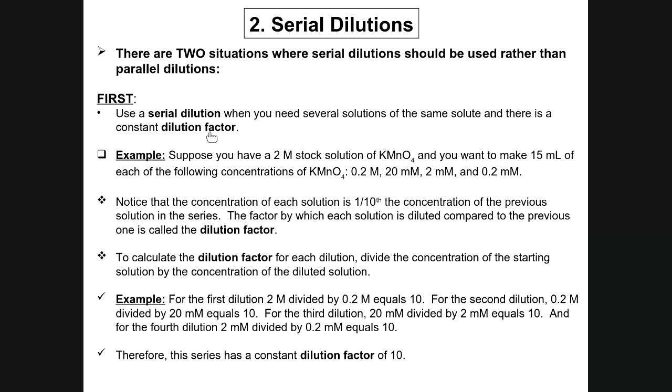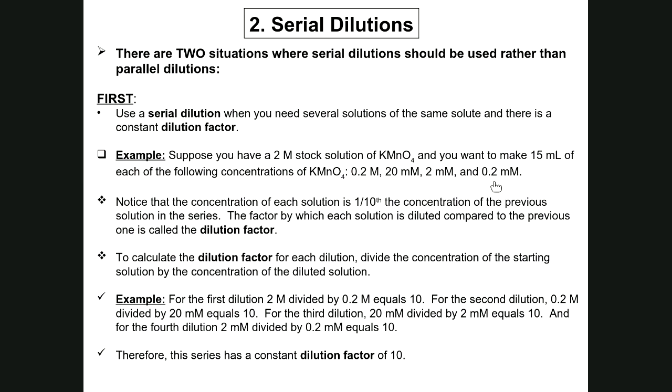And you notice there's a dilution factor, such as, it says here, suppose you have a 2 molar stock solution, and you want to make 15 mLs of 4 dilution samples at different concentrations. They're all going to be 15 mLs, but at these different concentrations.